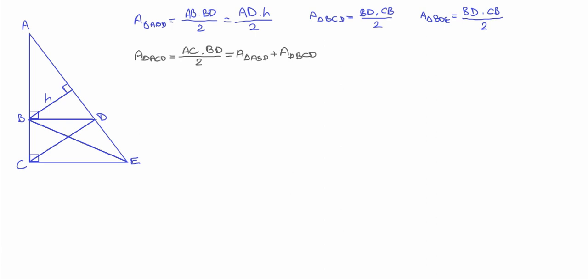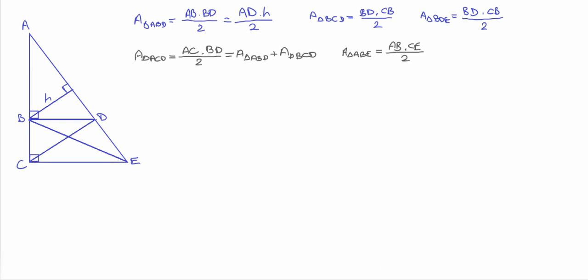Next, let's calculate the area of the triangle ABE. The base is going to be AB. The height is going to be CE divided by 2.